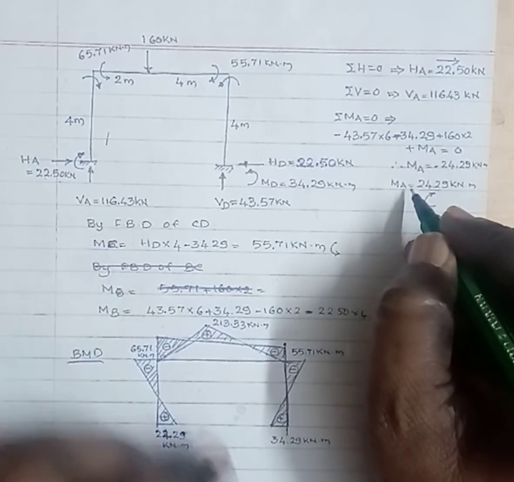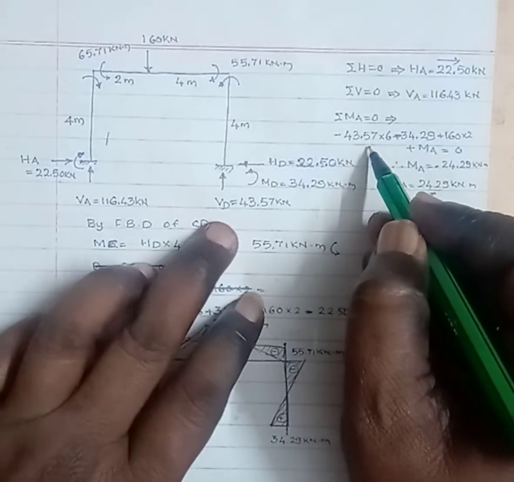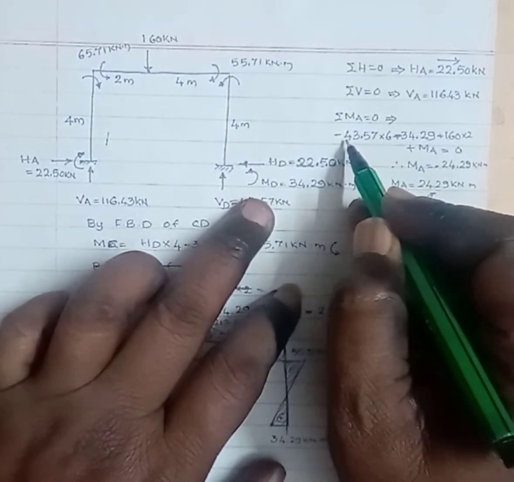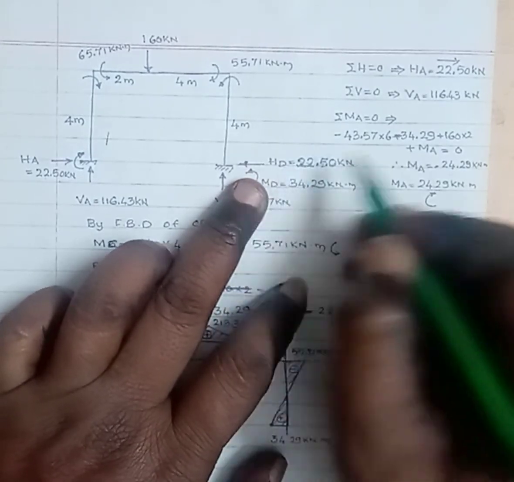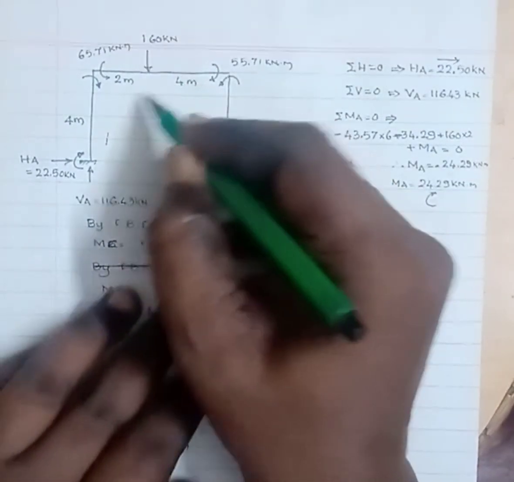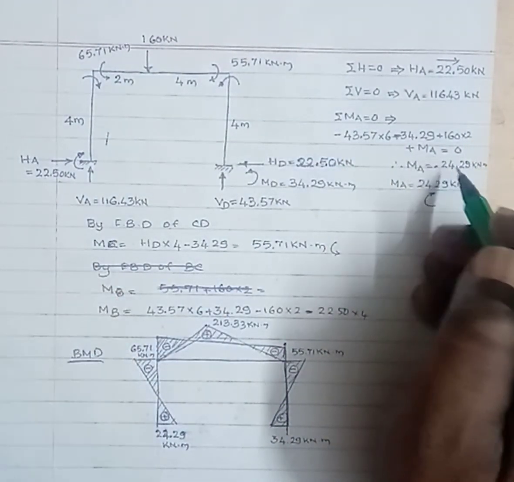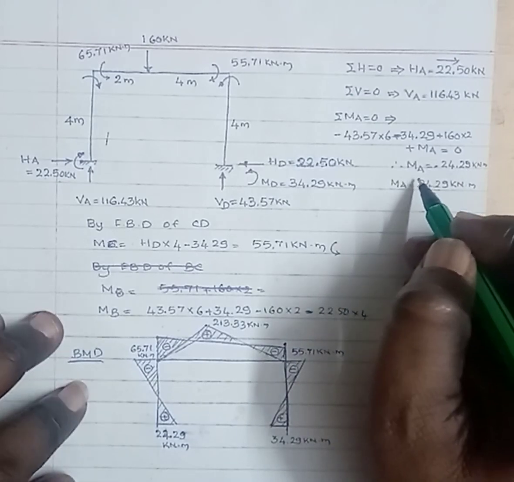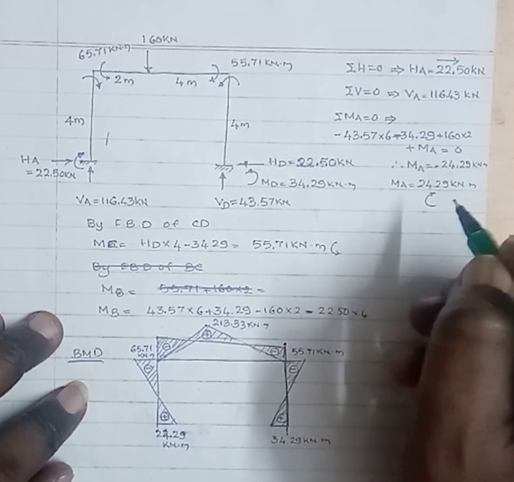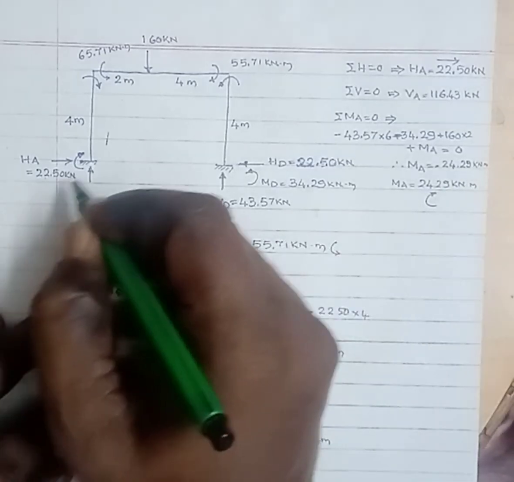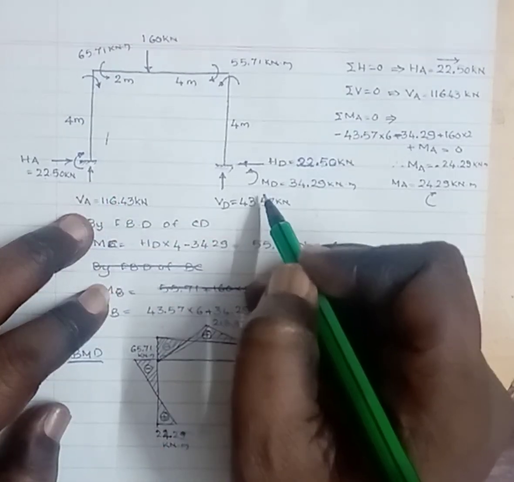Then taking the moments of all the forces, VD, that is 43.57 into 6, minus 34.29, and the moment due to HD is 0. Here the moment due to 160 kilonewton is into 2, plus MA, which we have assumed in the clockwise direction, equals 0. But here MA equals minus 24.29 kilonewton meter, that is not clockwise, that is anti-clockwise. Then we have calculated MA and MD.